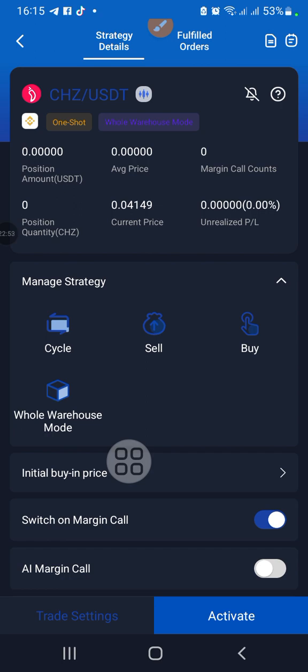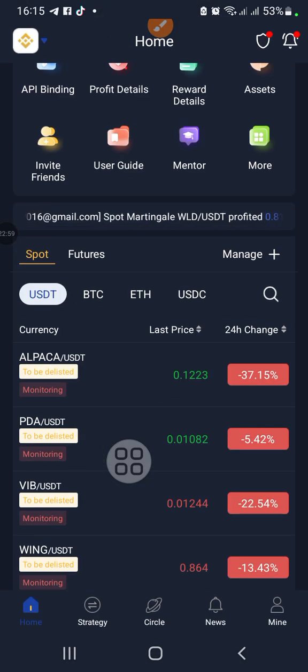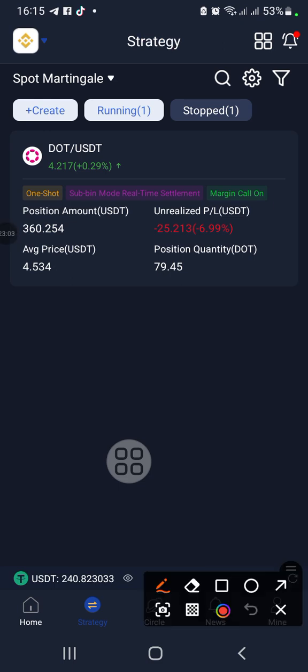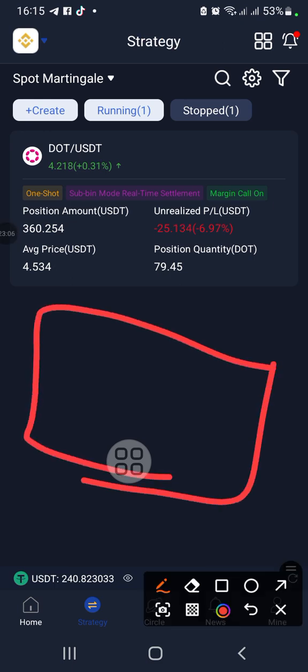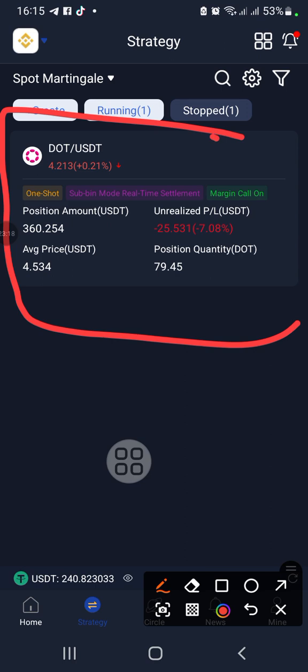So all you need to do is to go back this side, and tap on strategy. It should show here. In this case it is not showing here because I did not activate. I didn't make the robot actually buy it because I didn't want to buy it. So this is where you see your running trades.